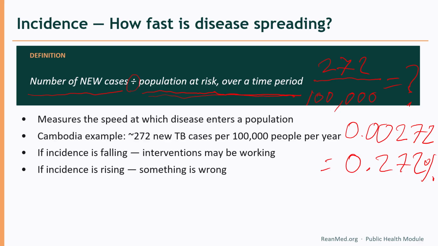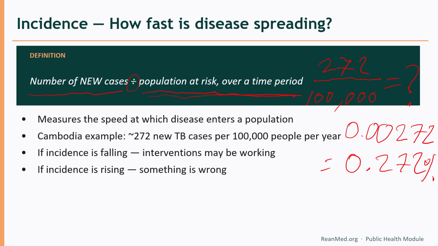We'll do one more example because incidence is such an important statistic. So in this example, I want you to tell me if a specific village is having higher rates of tuberculosis, of new cases of tuberculosis, compared to the rest of Cambodia. Does this village have a bad tuberculosis problem, or are they okay?